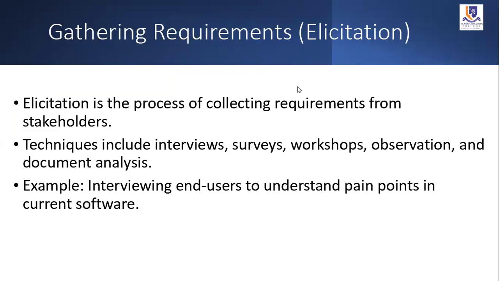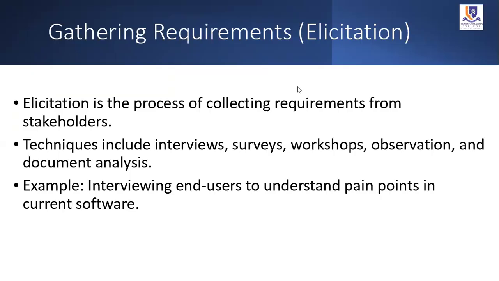So elicitation in BABOK, we have six knowledge areas, right? So there's a part that speaks to elicitation and collaboration, right? Because yes, we can't do without engagement, we can't do without constant interview sessions, constant brainstorming sessions. All of this is for us to be able to solve that problem, right?